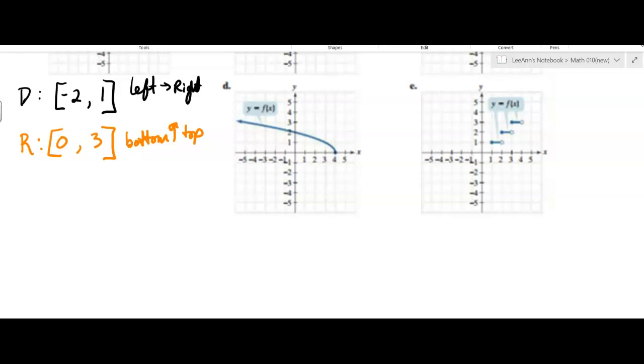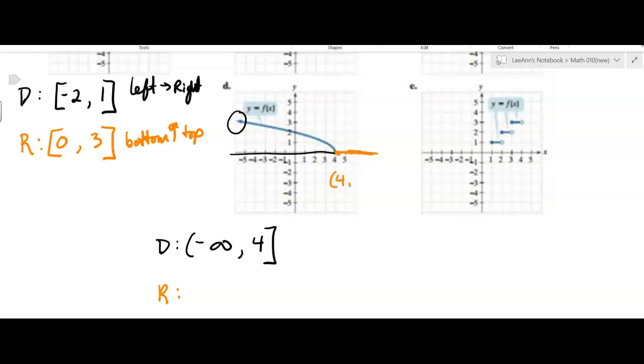All right, domain, where are we starting? Well, that's an arrow. So my domain, I'm actually starting from -infinity, and then I'm going to 4. And that's a closed dot, so bracket there. And then what about the range? So domain, left to right, range, bottom to top. So what is the y value here? What is that point?